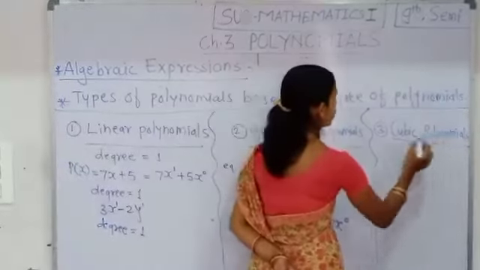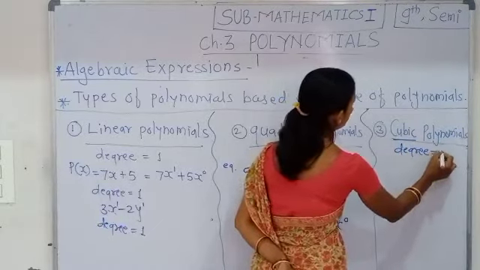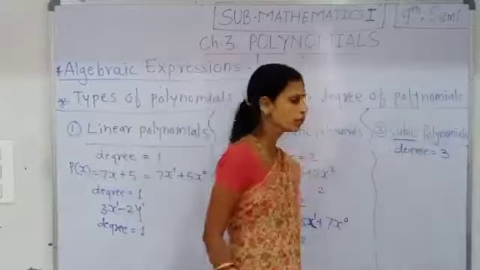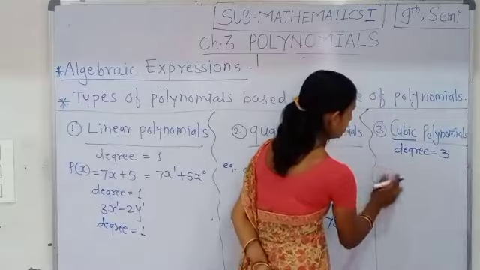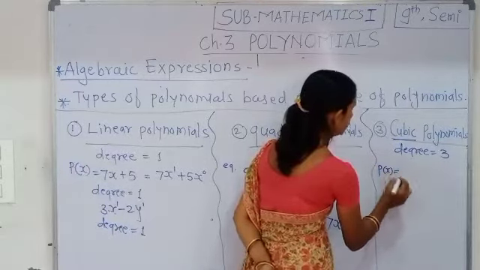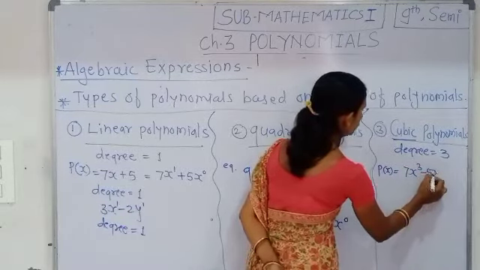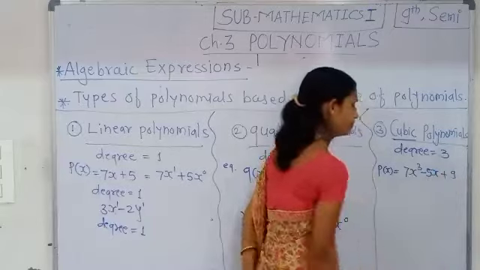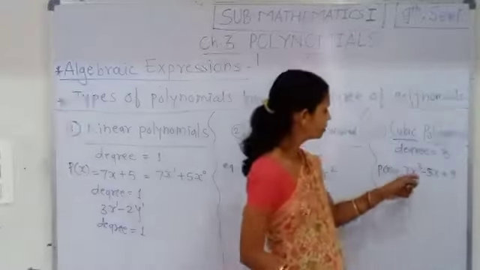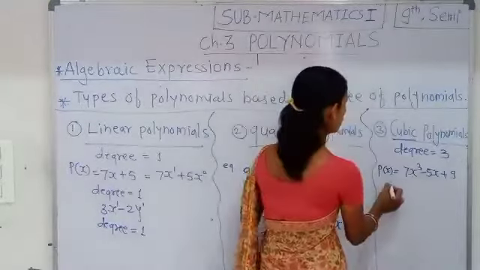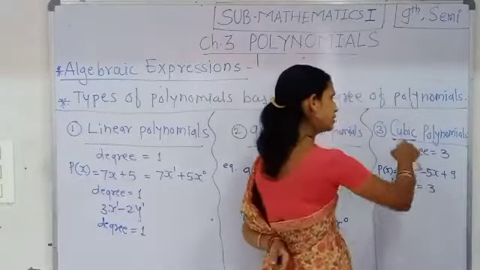Then cubic polynomials. Cubic means the degree of the given polynomial is 3, then it is a cubic polynomial. For example, if p(x) is given as 7x cube minus 5x plus 9, then it doesn't matter how many terms are there, but if the degree of the given polynomial is 3, then it is a cubic polynomial.